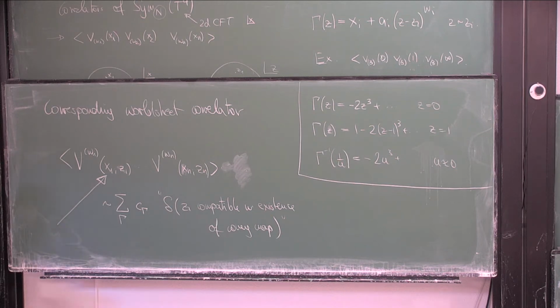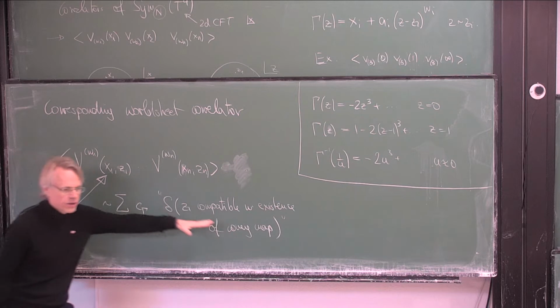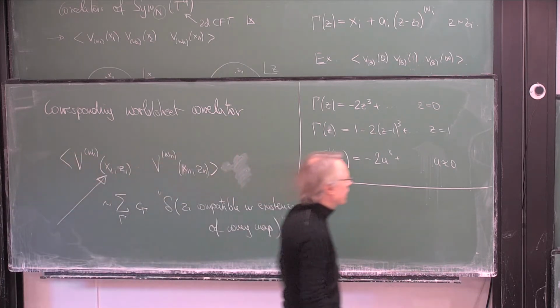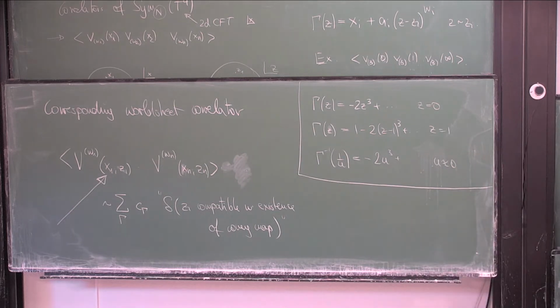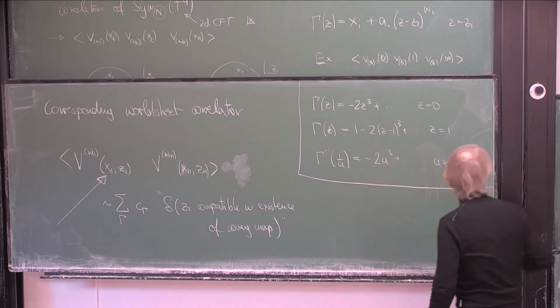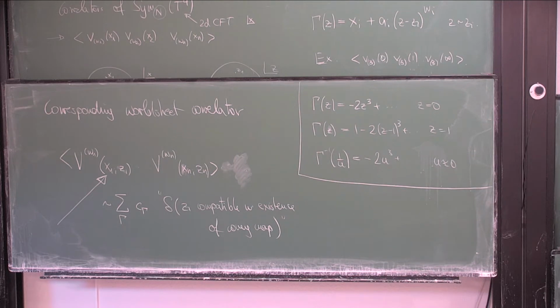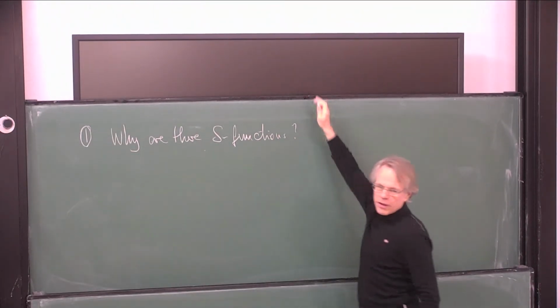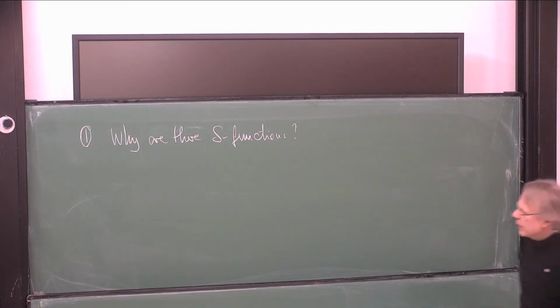And then thirdly, I want to explain to you how you can prove on the worldsheet that this property is true. So let's start by explaining why covering maps are constrained. Why should there be delta functions? And this has to do with some relatively easy observation.